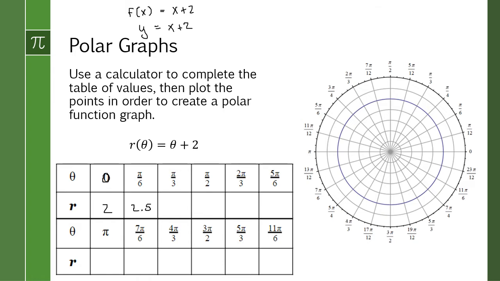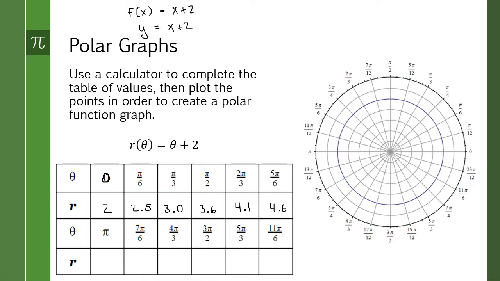So the radius at that angle measure would be pi over 3 plus 2, which is about 3.0. Then I've got pi over 2 as an angle, so pi over 2 plus 2 is about 3.6. And continuing on, 2 pi over 3 plus 2 is about 4.1. 5 pi over 6 is the angle. Angle plus 2 gives us a radius of 4.6.